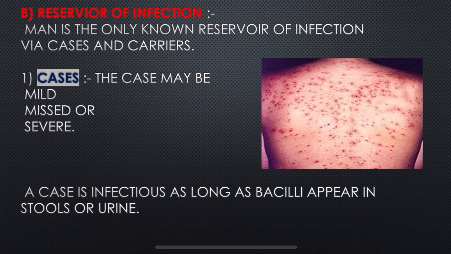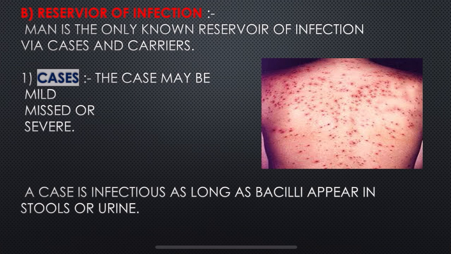Now comes the reservoir of infection. Man is known as the only reservoir of infection, and he is the reservoir via the cases and the carriers. The cases can be a mild case, a missed case, or a very severe case.